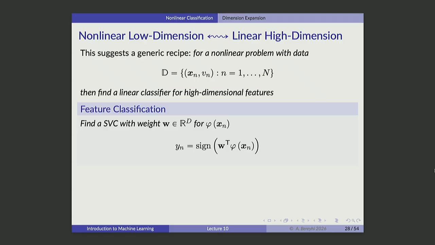The order of your polynomial. If I have something like the example we had on the board, this is my x, and say here is plus, here is minus, here is plus, here is minus. So my classification problem is as complex as this one, right?